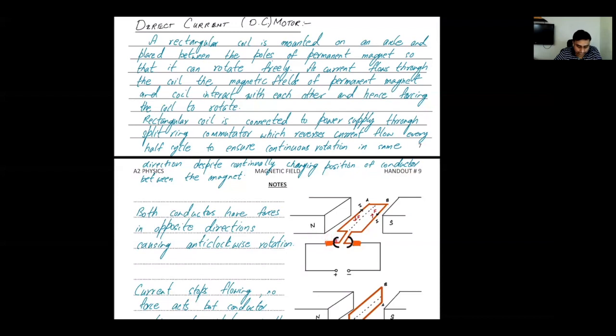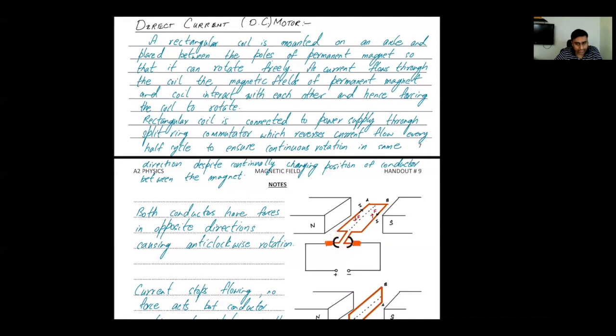But these half rings would be rotating, and as they rotate, they would be changing their positions, but the carbon brushes would remain at their place. So the split rings would rotate, and there would be a time when this ring and this ring would become vertical and make no contact with the carbon brush, and then they will rotate further, which will cause both the split rings to switch or swap contacts with the carbon brushes.